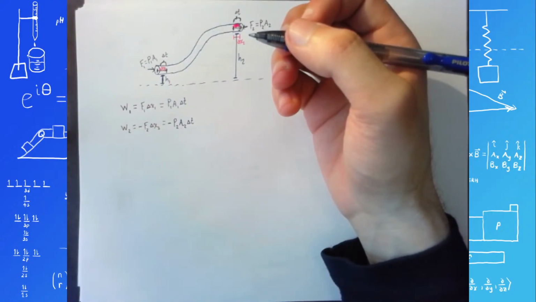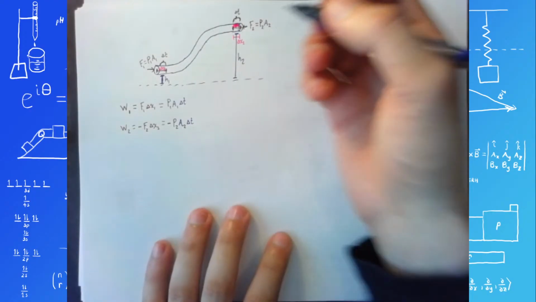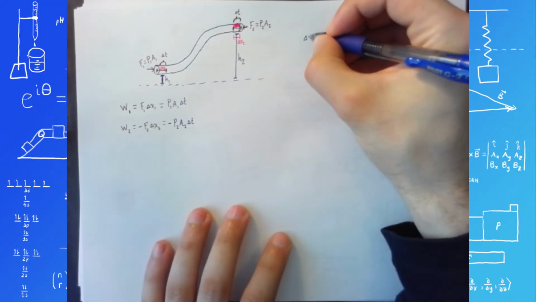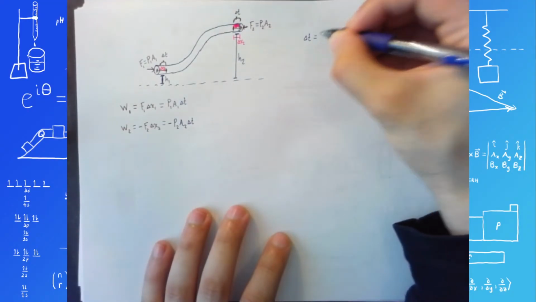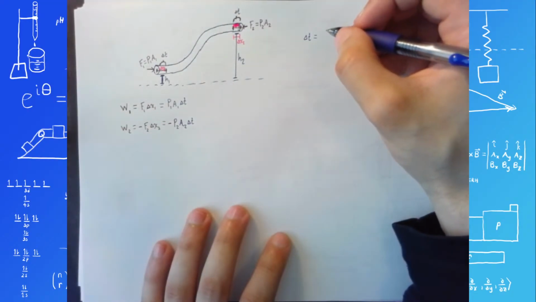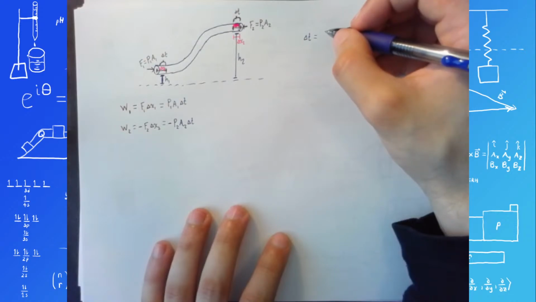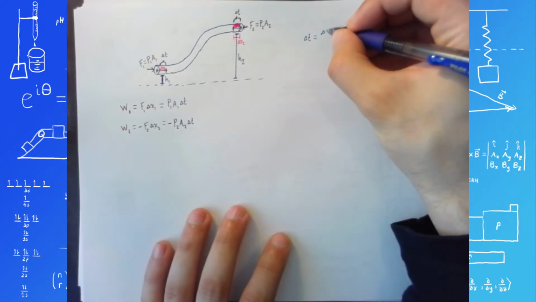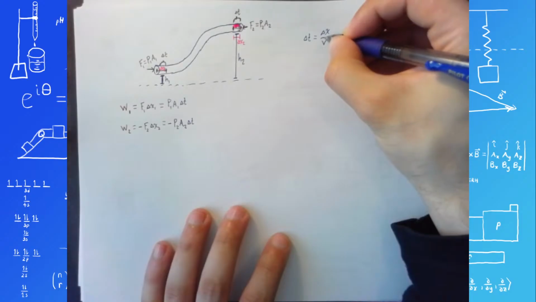And delta t is going to be equal to delta x over v, right?